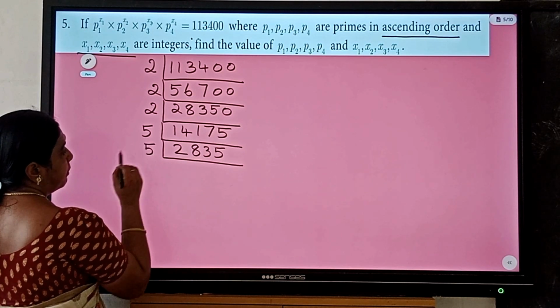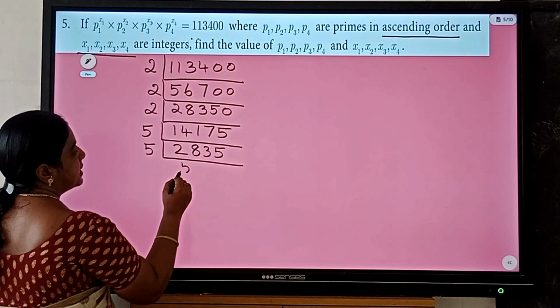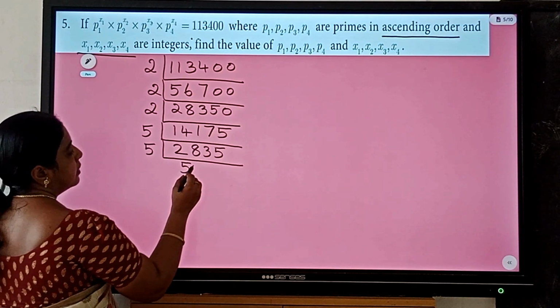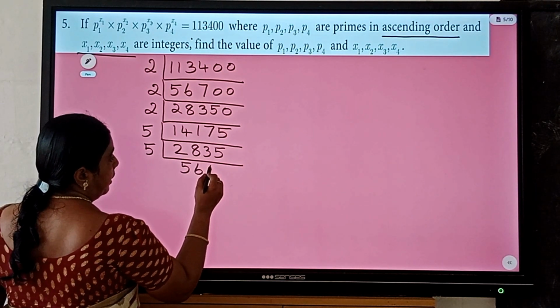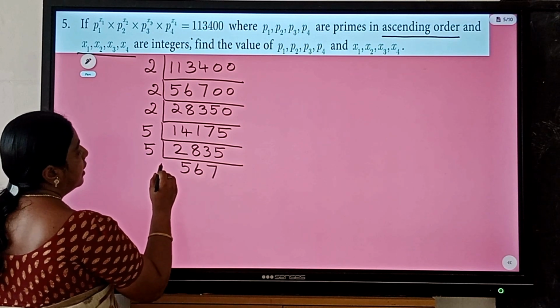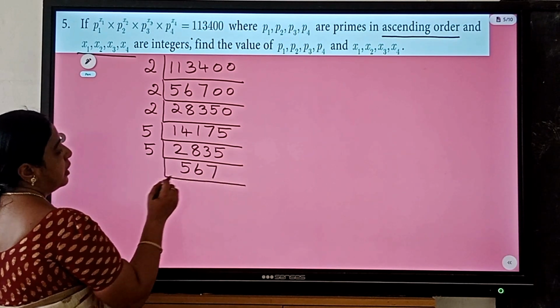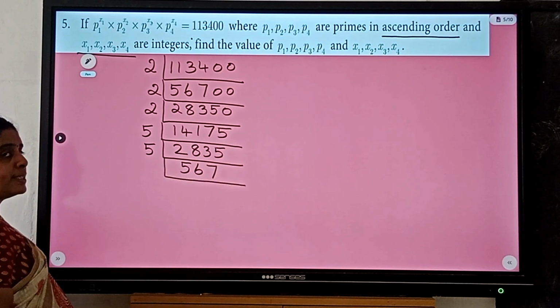Again you divide that by 5, 5 5s are 25, 3 remaining, 5 6s are 30, 3 remaining, then 5 7s are 35. Now you have the number ending with 7.